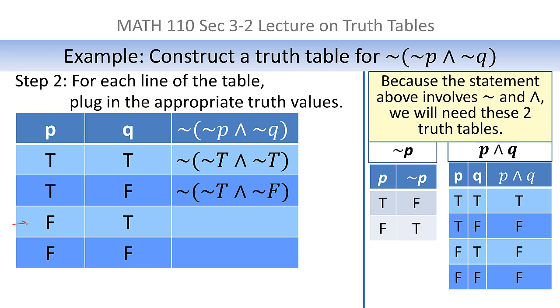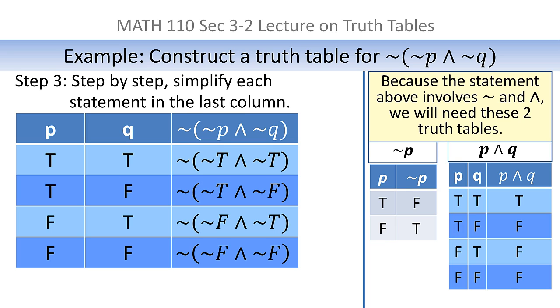Then for the third line, if you put a false in for P and a true in for Q, you'll get that. And finally, if you put a false in for P and a false in for Q, you'll get that. Notice we're just doing a direct substitution of either T or F for the appropriate statement P or Q. Once you get to this point, start looking for simplifications.